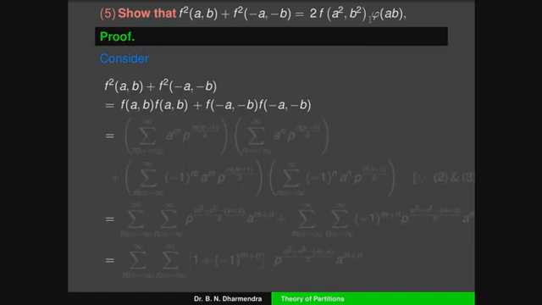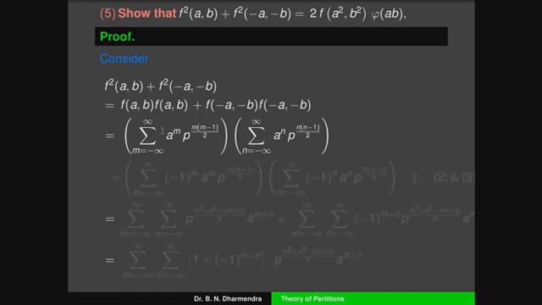Using equation 2, the first two products can be written as, first term, summation m running from minus infinity to plus infinity a to the power of m into p to the power of m into m minus 1 by 2, where p is equal to a into b, into summation n running from minus infinity to plus infinity a to the power of n into p to the power of n into n minus 1 by 2.